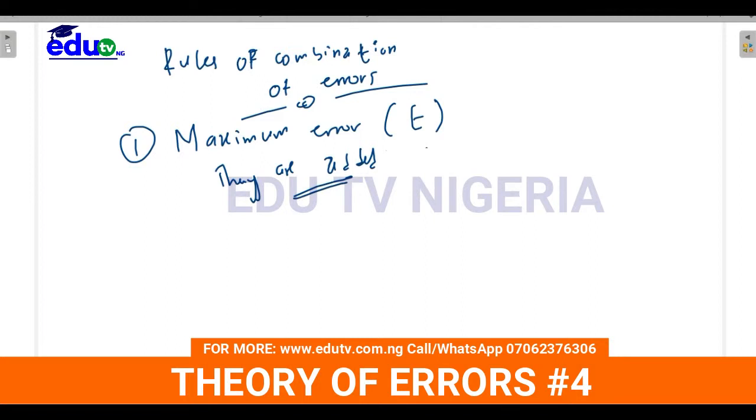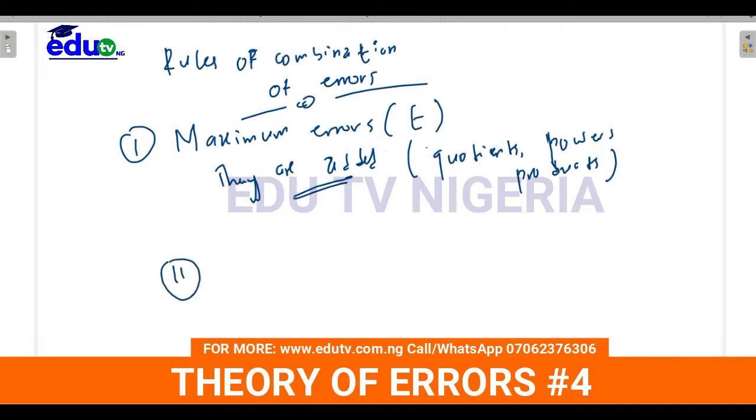Whether we have quotients, powers, and products, whatever the case may be, they are added. Maximum errors. Whatever the case may be, they are added.